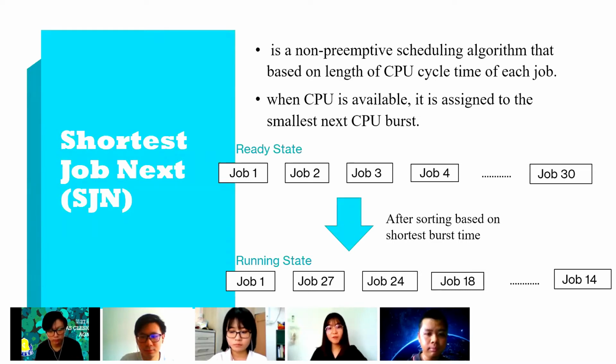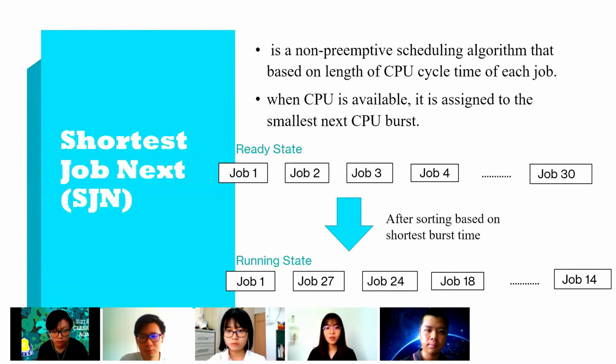Thank you, Mr. Felix. Now I would like to talk about shortest job next. SJN is a non-preemptive scheduling algorithm that is based on the length of the CPU cycle time of each job. When the CPU is available, it is assigned to the job with the smallest next CPU burst. In non-preemptive scheduling, once the CPU cycle is allocated to a process, it holds it until the process reaches a waiting or terminated state.